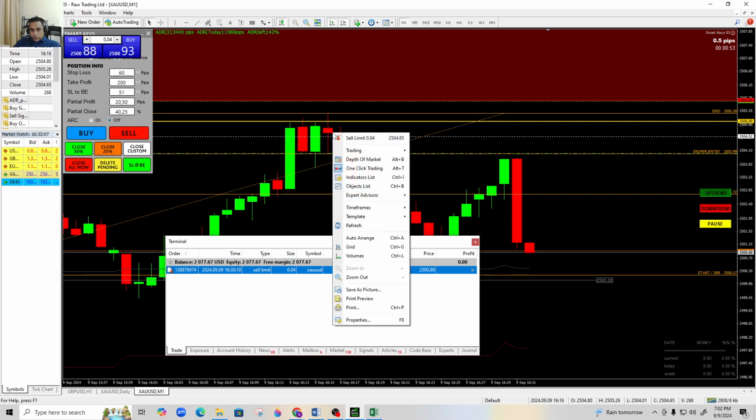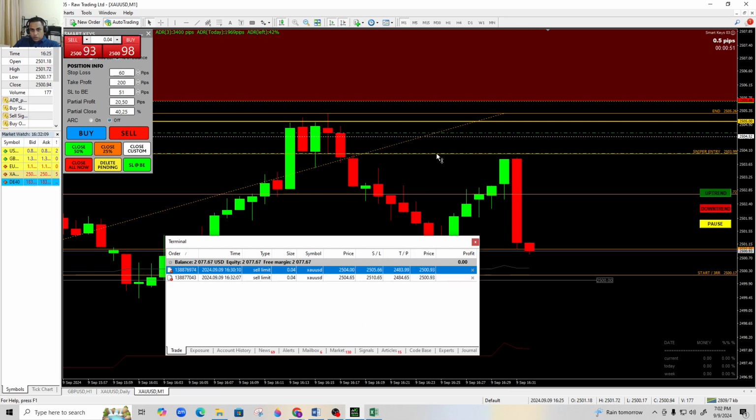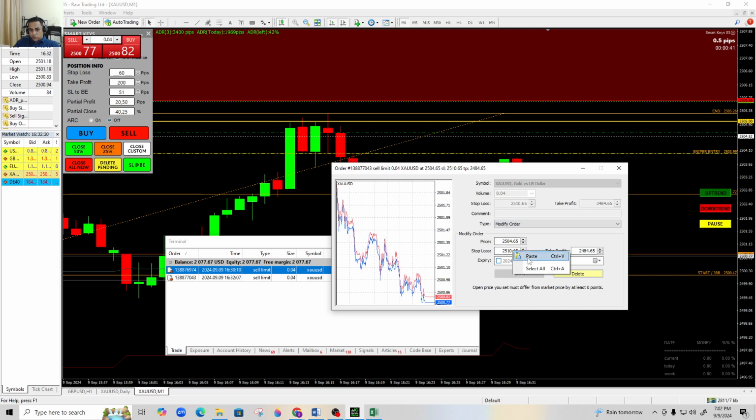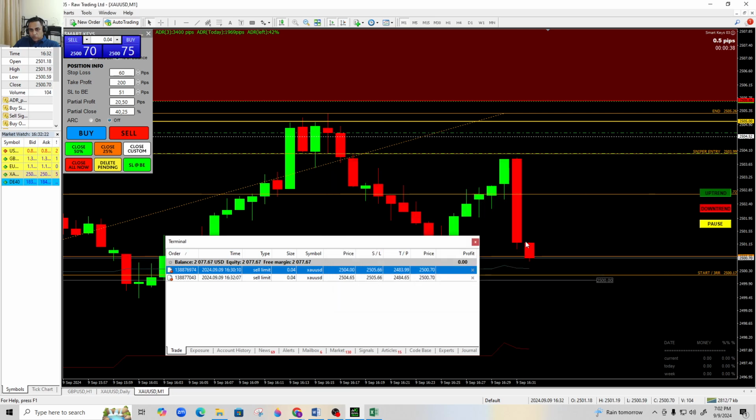My second position, I'll take it here, right there at that rally base drop. So the close of that candle is 465. Modify 465, perfect. Stop loss, same stop loss as before.